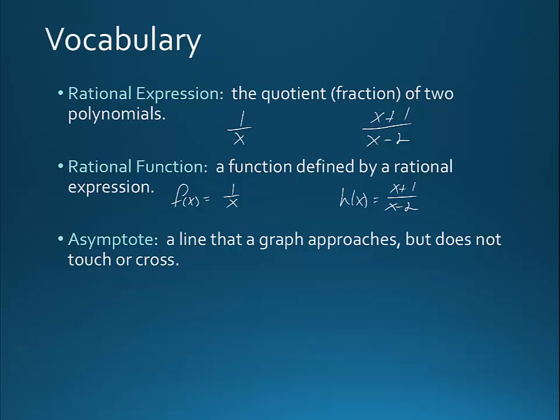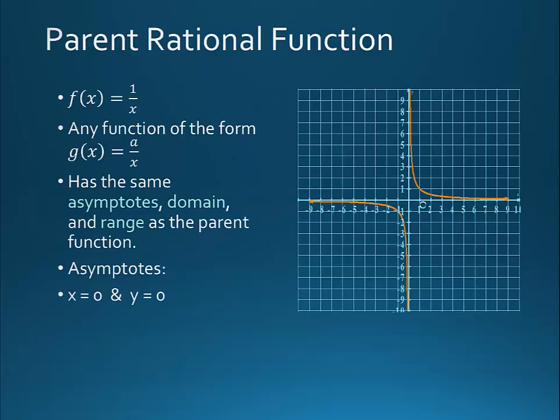Now, the parent rational function is going to be f of x equals 1 over x. Any function of the form g of x equals a over x has the same asymptotes, domain, and range as the parent function. So, let's say we had 5 over x. That has the same asymptotes, domain, and range as the parent function.